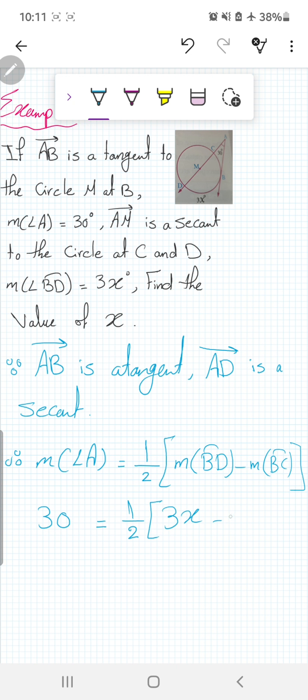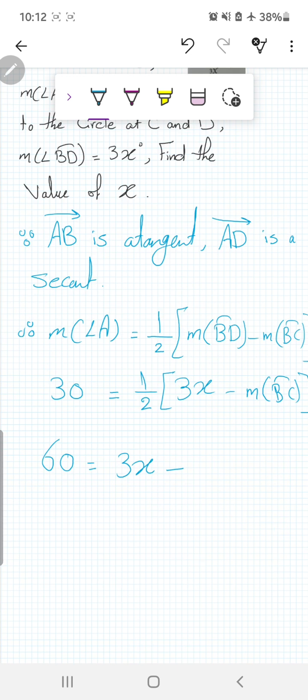Moving the half to the other side by multiplying, 30 times 2 equals 60. So we have 60 equals 3x minus the measure of arc BC.